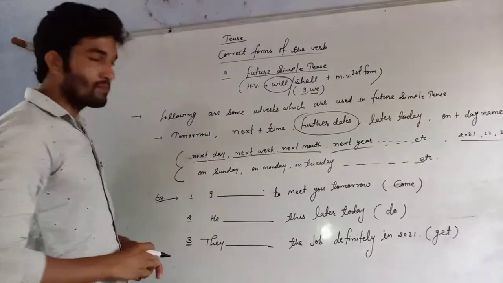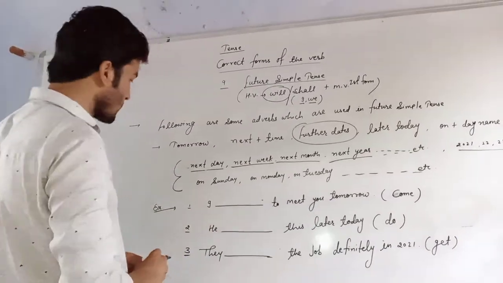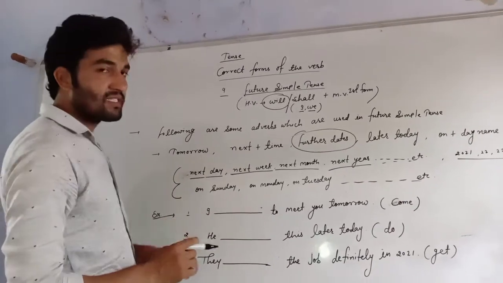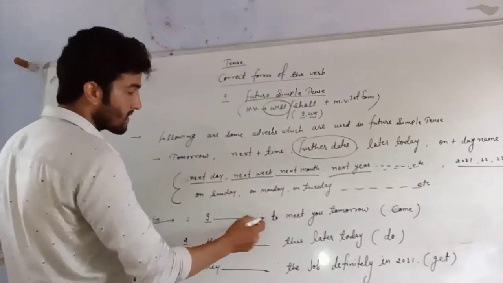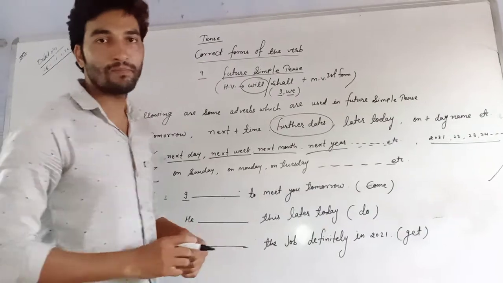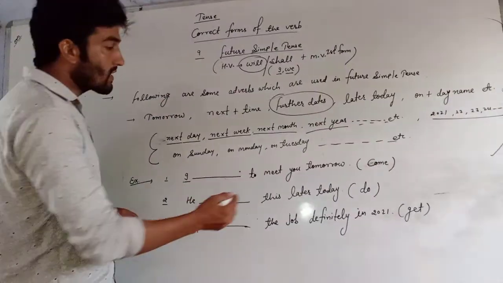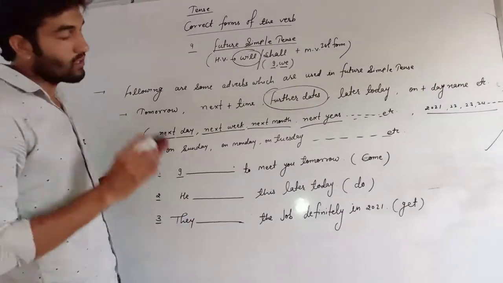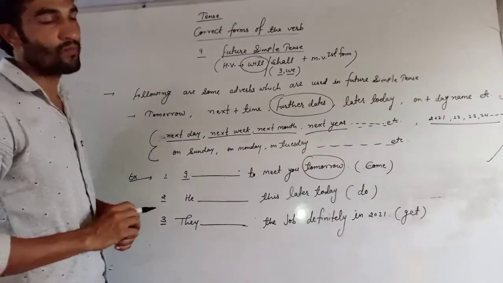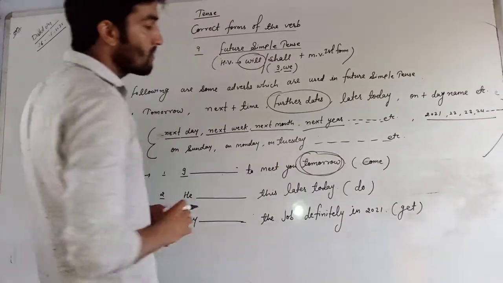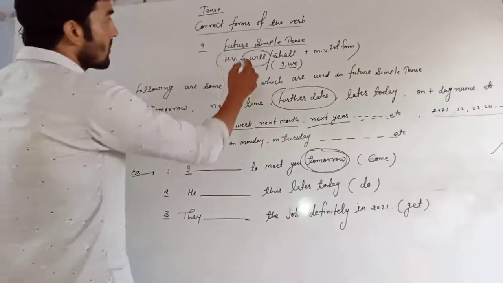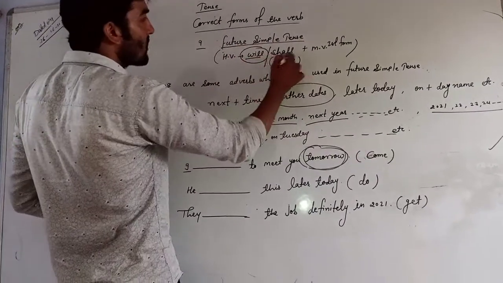Okay, so look at some examples. According to examples, we try to make all these clear. The very first sentence is: I blank to meet you tomorrow. In the bracket, the verb is come. Look at the sentence very closely, and you will find here tomorrow. Tomorrow is an adverb which is used in future simple tense. In future simple tense, we have two helping verbs.